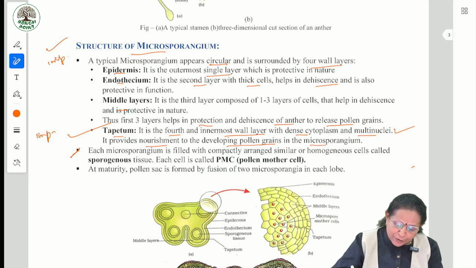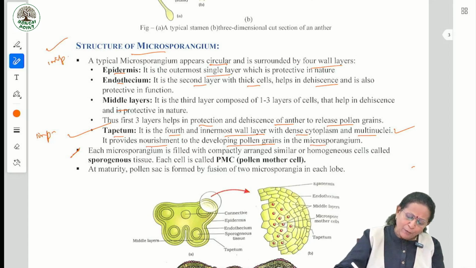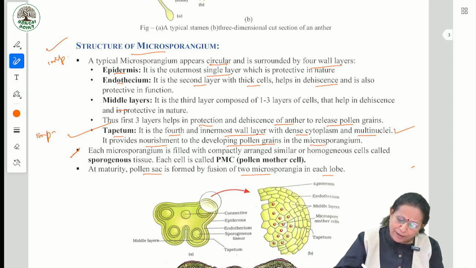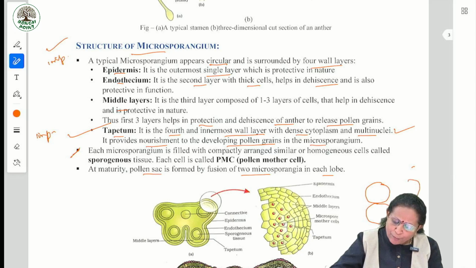At maturity, what happens? Pollen sac is formed by the fusion of 2 microsporangia in each lobe. That means what? Each microsporangium is somewhat circular in shape. They join to form a pollen sac.